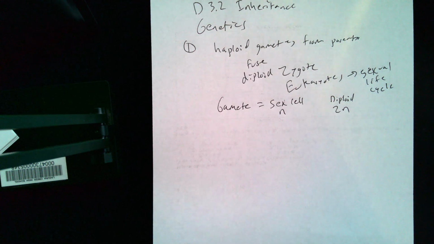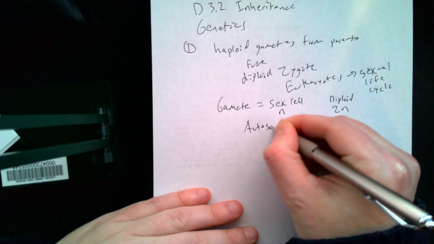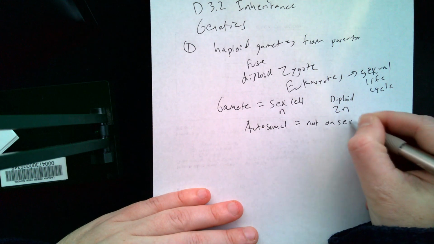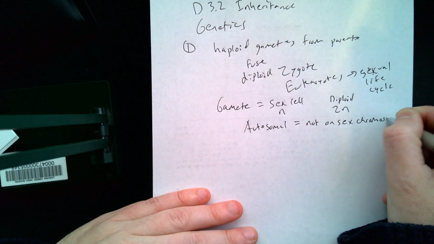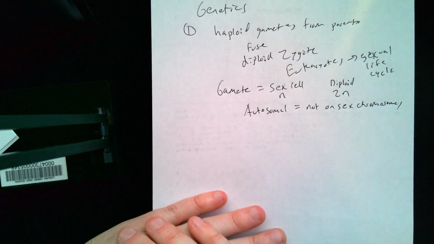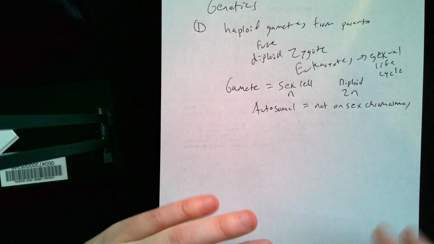So you have two copies of each autosomal gene. Autosomal means not on the sex chromosomes. Humans have 22 pairs of autosomes and then one pair of sex chromosomes.